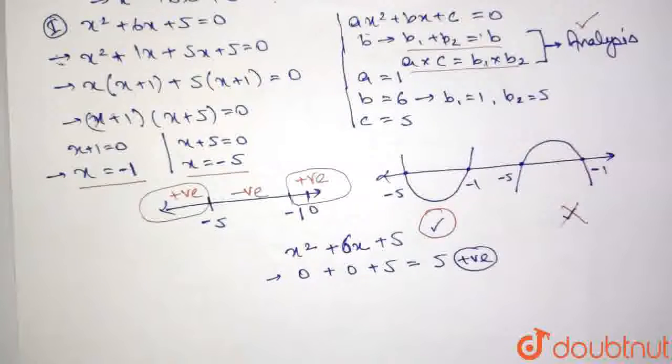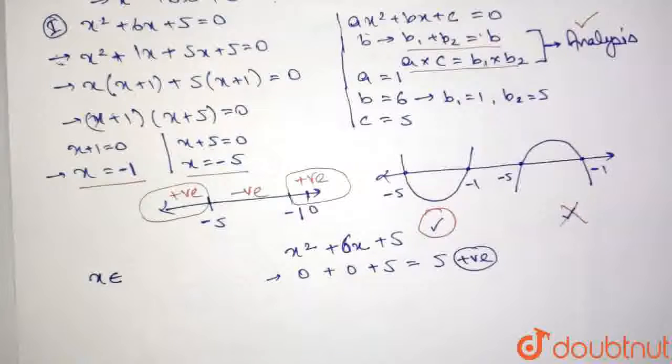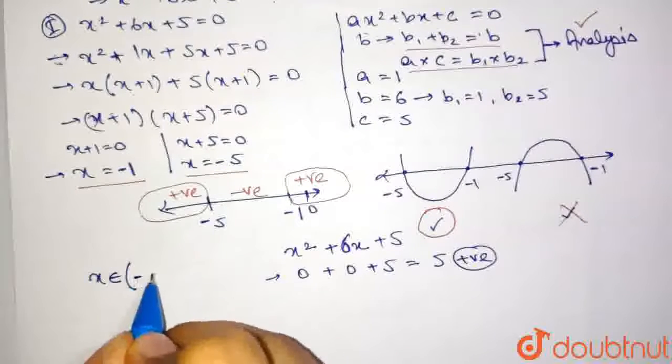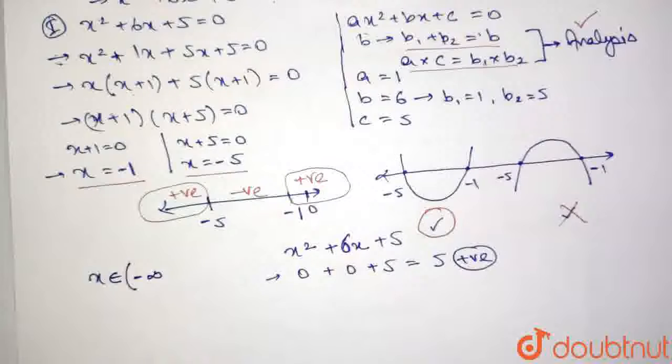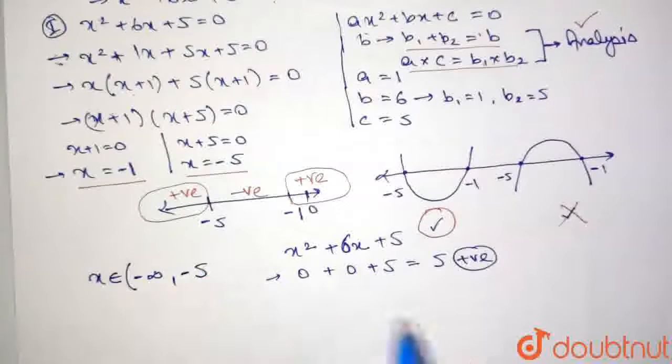So if I write it, I can say that x belongs to, so from where to where? Minus infinity, right? And we are using open brackets, because it cannot actually attain a value of minus infinity, to minus 5.